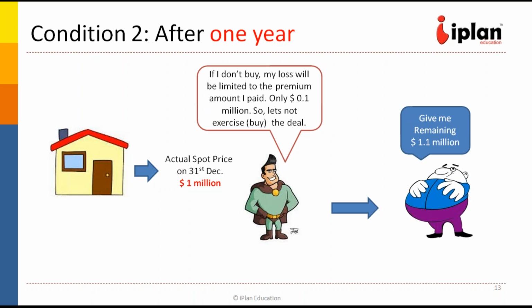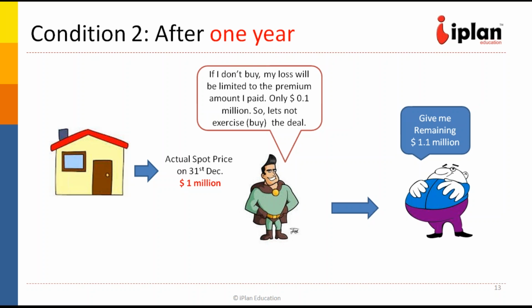See, buyer comes to buy, he will buy at the strike price, and whatever is the market price, the difference will be his profit. And price goes down, he will deny. If he denies, the maximum loss for a buyer is the premium amount he paid. And for seller, the maximum profit will be premium received.